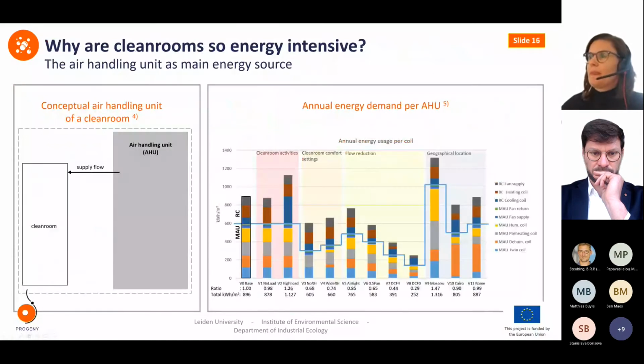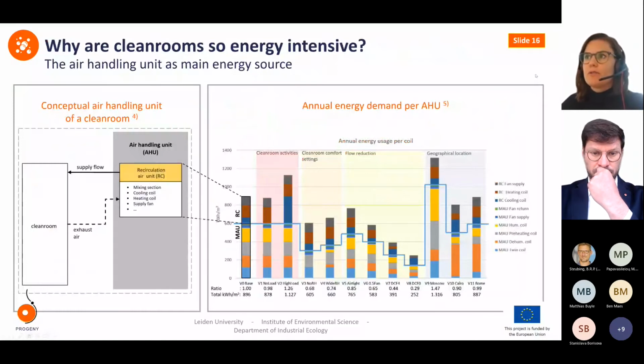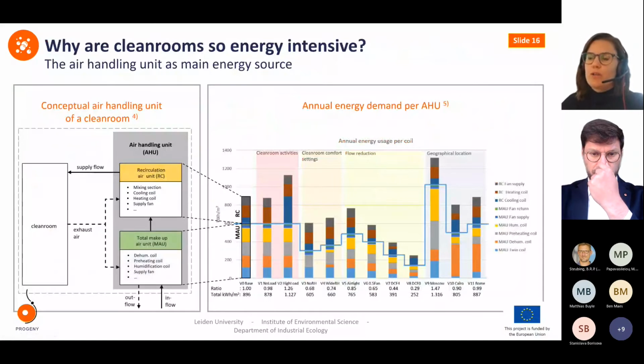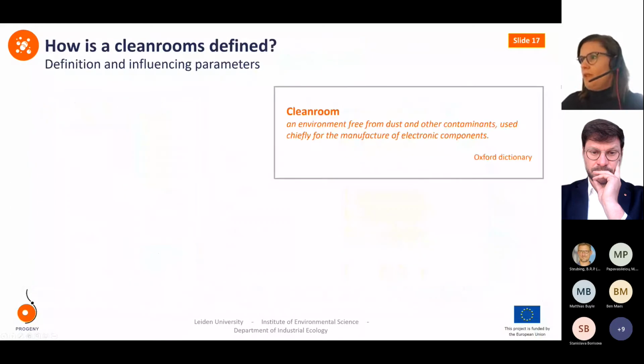A clean room has an air handling unit to clean this space, and it consists of a recirculation air unit and a total makeup air unit, which also takes care of the in and outflows with the environment. So it matters if we're in a more tropical climate, or a colder or temperate climate, so the heating and cooling part.